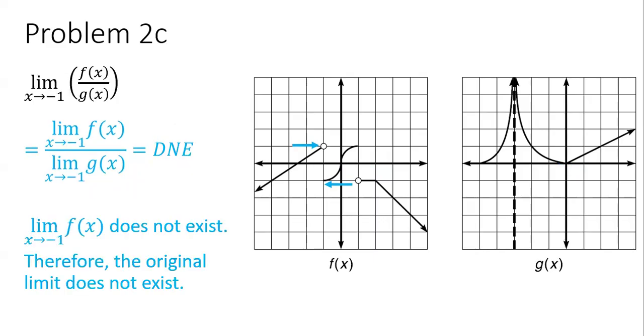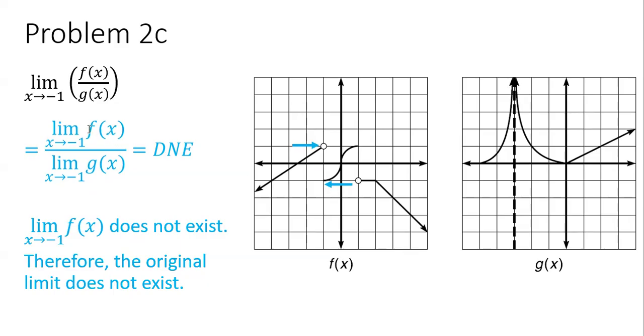And part C, and this will be the last problem of this video, we use a different property where we can find the limit of the top, divided by the limit of the bottom. The numerator and denominator, I should say, to be a little more precise. What's the limit as x approaches -1 of f of x? Well, if we approach from the left, that's +1. If we approach from the right, that's -1. They don't match, so the limit does not exist.